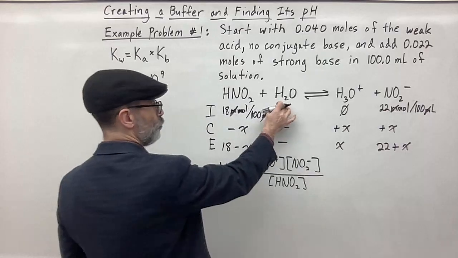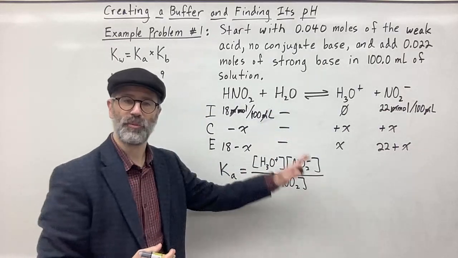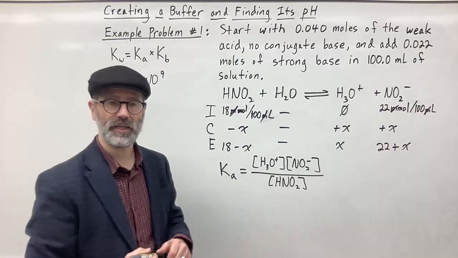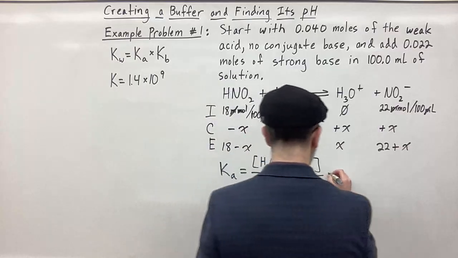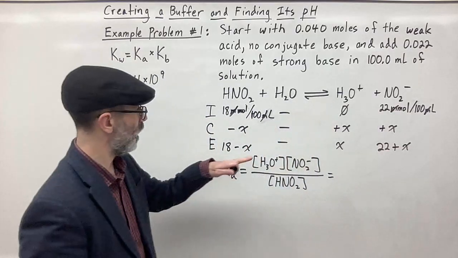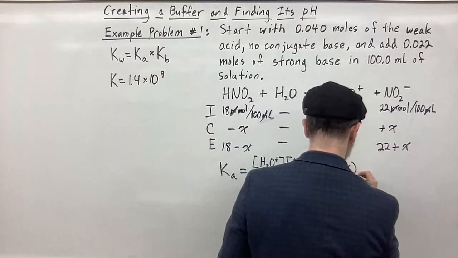Again, we're not including water, because liquids and solids do not end up in the equilibrium constant expression. Okay, now we just plug everything in. We have X for our hydronium, so that's going to be X.